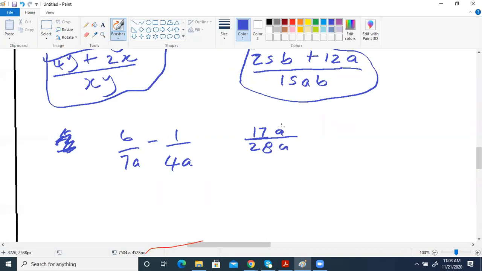Yes, sir. So the a's want to cancel right here. All right, so I see somebody put 24 over 28a. No, that's incorrect. I had 24 take away 7 over 28a.